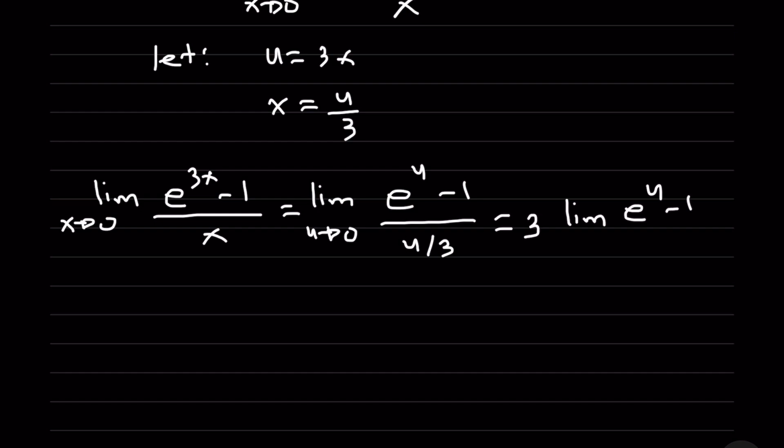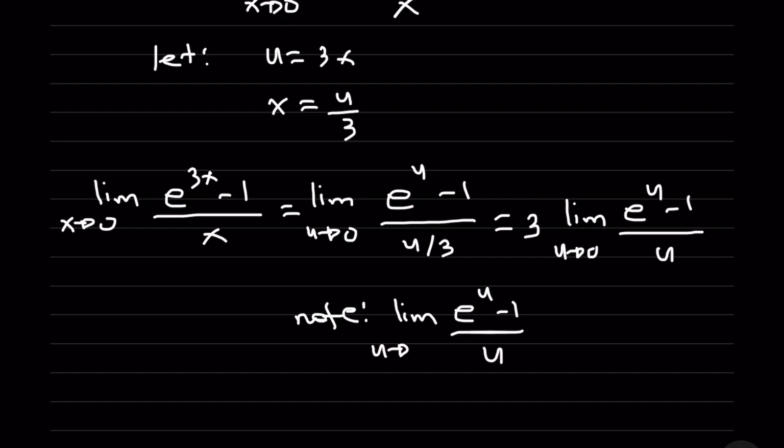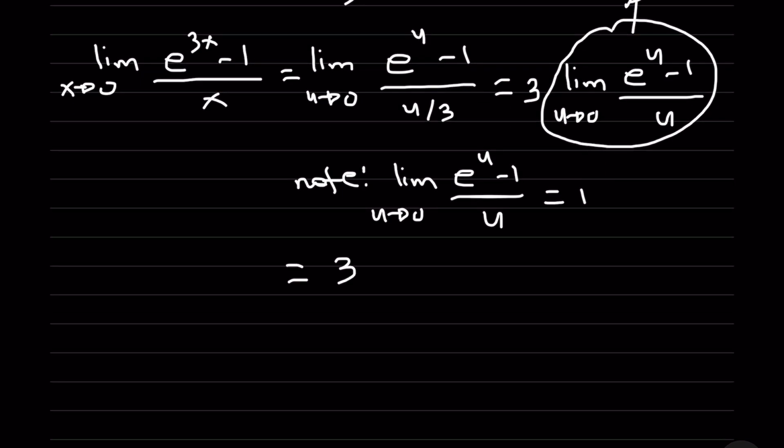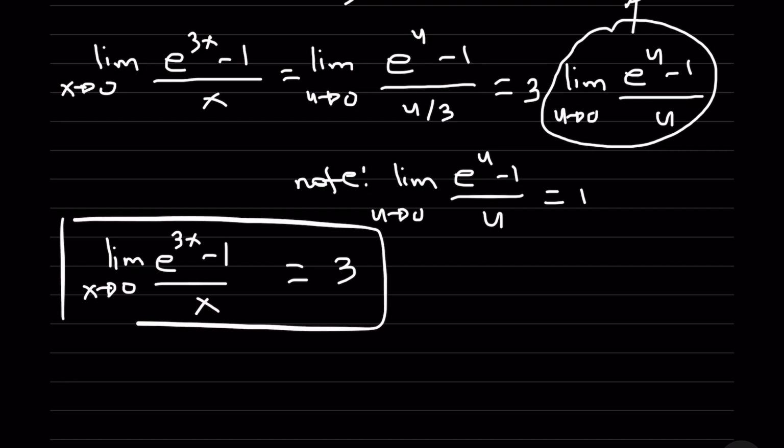And we can write this further into 3 times the limit of this term. Now we take note of the identity, the limit of e raised to u minus 1 over u as u approaches 0 is equal to 1. So you're left with 3. Therefore, the limit of the function is equal to 3.